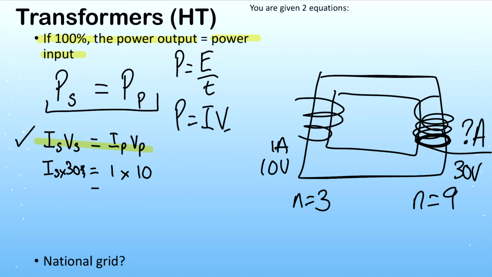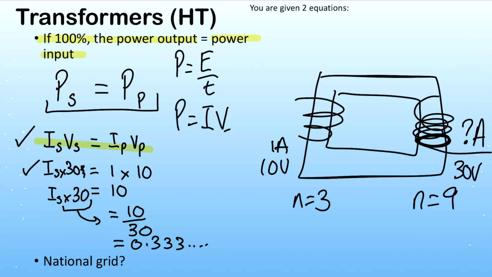So we can then solve that a bit more, so you get marked for substituting. That'd be 10 is equal to IS times by 30. We rearrange this, moving the times by 30 over to the other side, so we get 10 divided by 30, which is equal to 0.333. Stick with 3 significant figures unless it tells you otherwise, and that's IS. So we can find that out nice and easily, in amps.